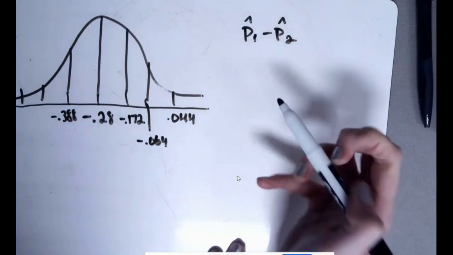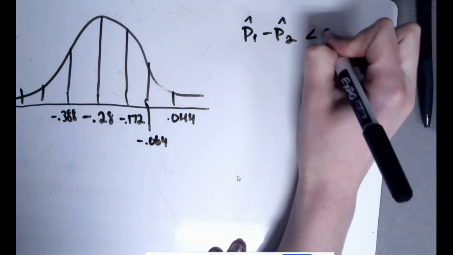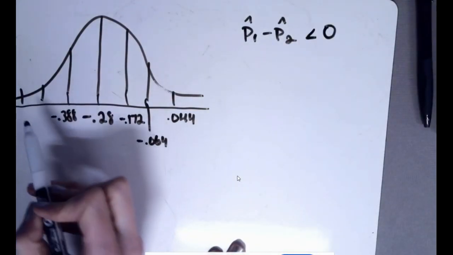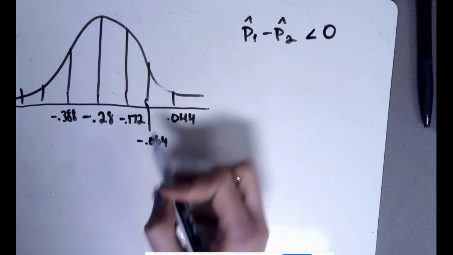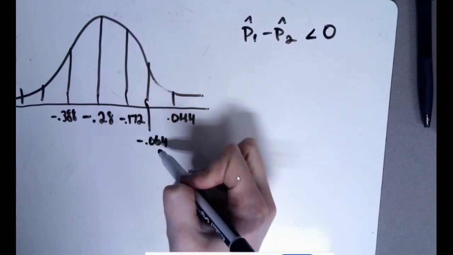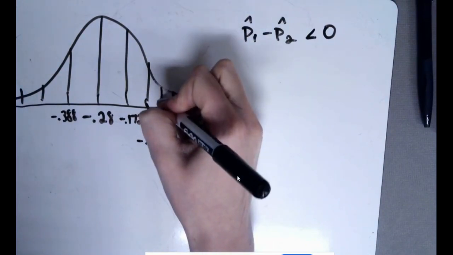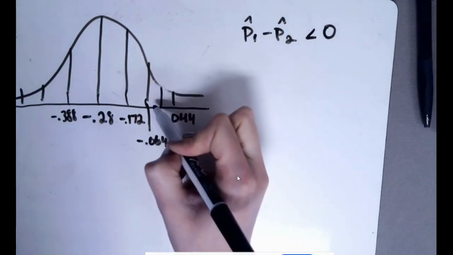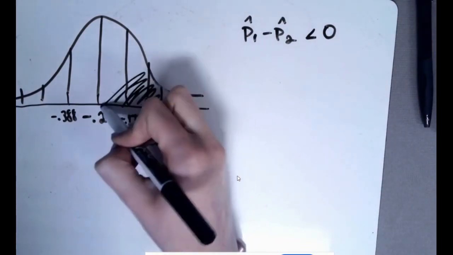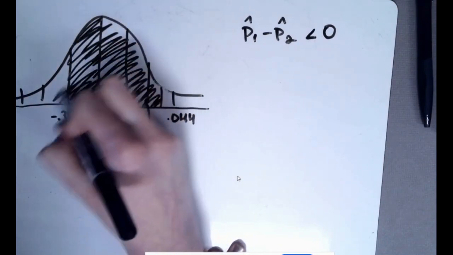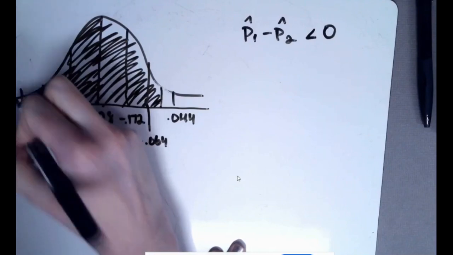So we are looking for this difference to be negative, to be less than 0. On my distribution, 0 is going to be somewhere to the right of the mean, and we want everything to the left of that. We're looking for the chance that the difference in proportions is less than 0.